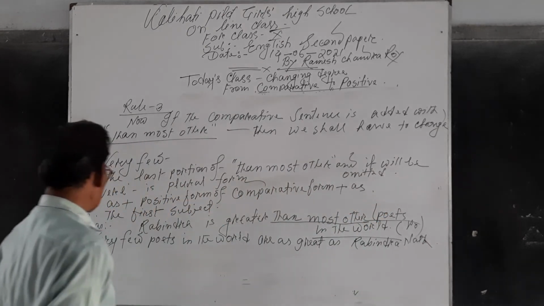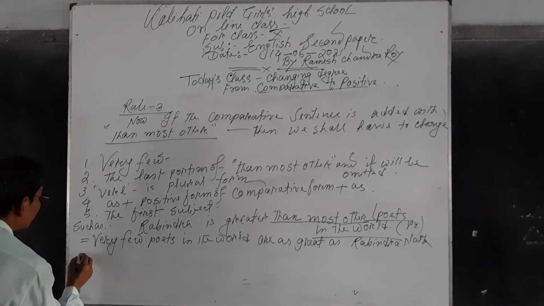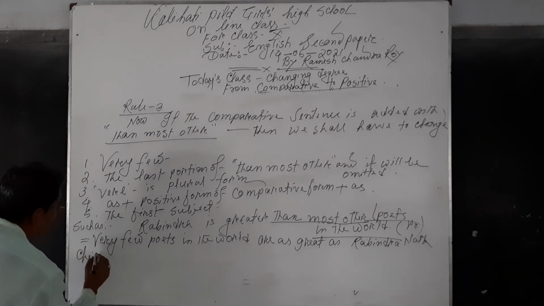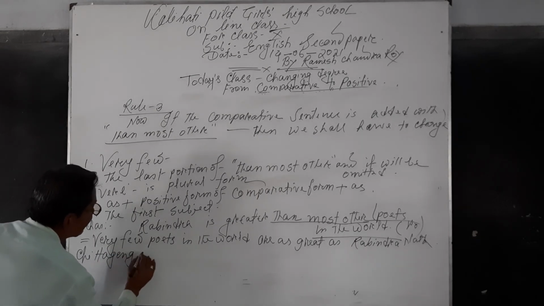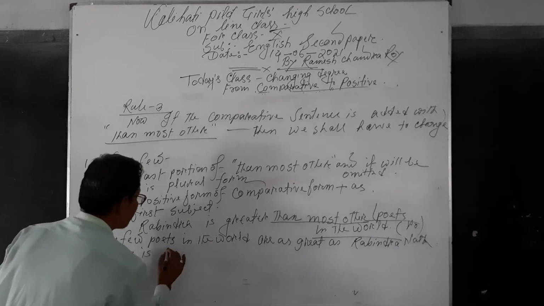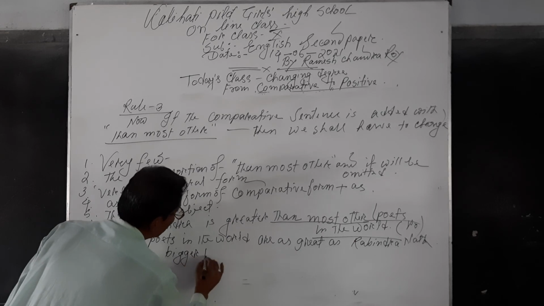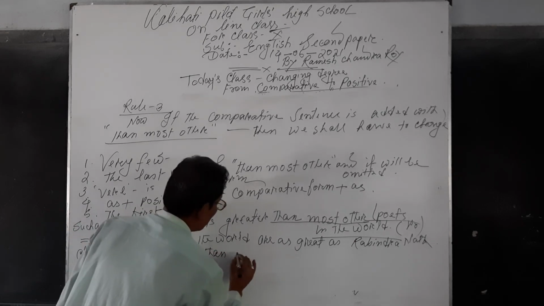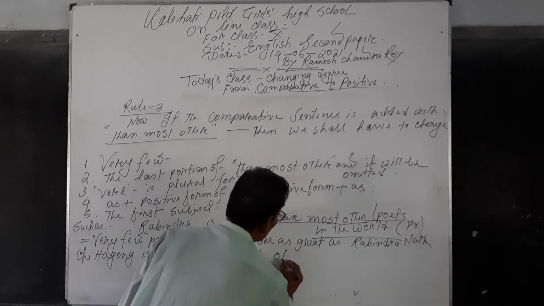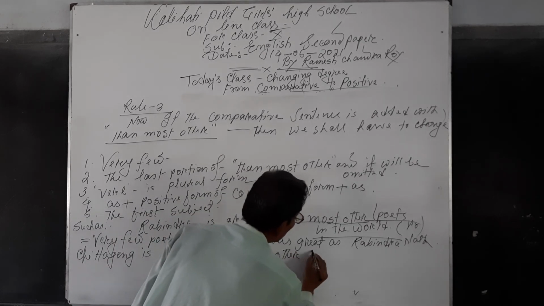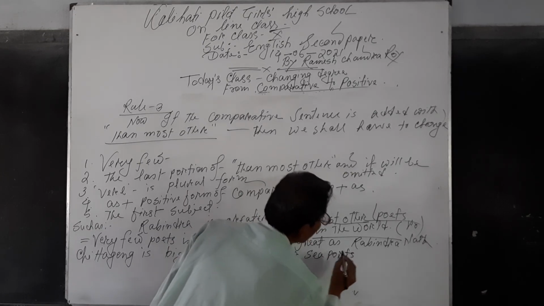Okay? But take another, only one example. Chittagong is bigger than most other seaports in Bangladesh.